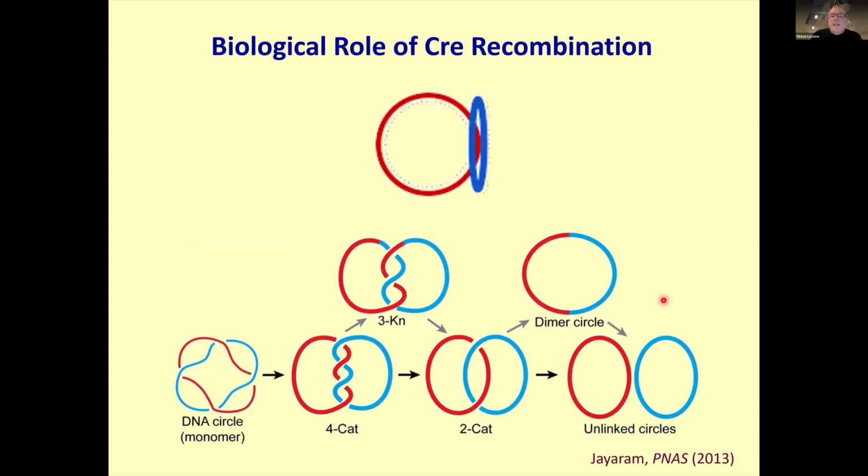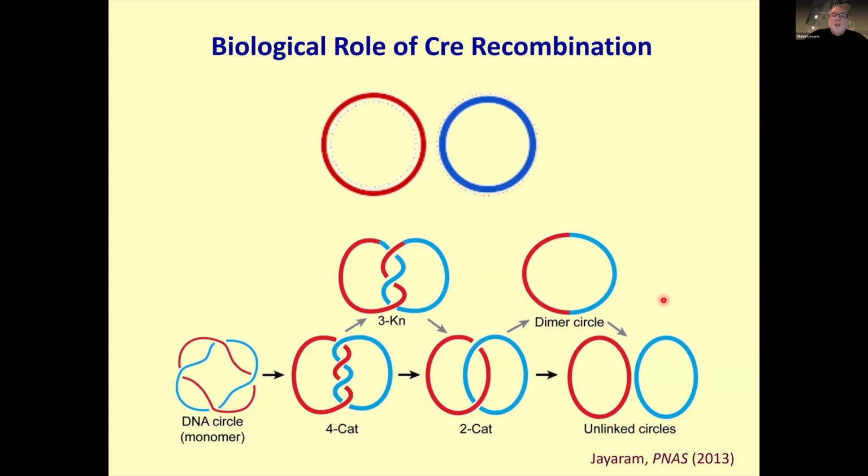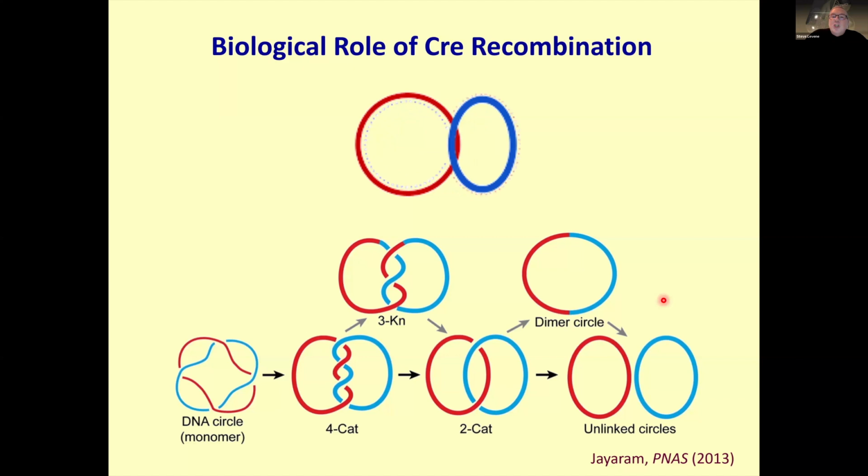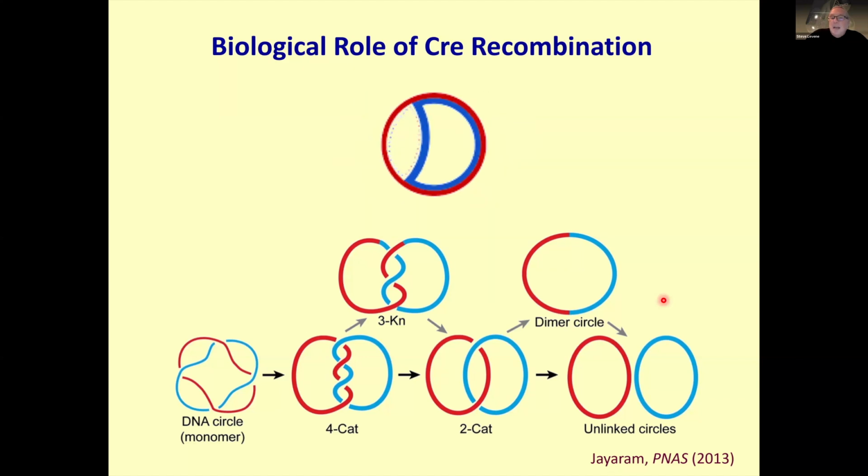Now, why do these enzymes exist at all? Today's topic is Cre site-specific recombination, and Cre is an enzyme that's encoded in a bacteriophage genome. Bacteriophages are viruses that infect bacterial cells. And the reason why Cre exists is because the phage genome is a circular DNA molecule.